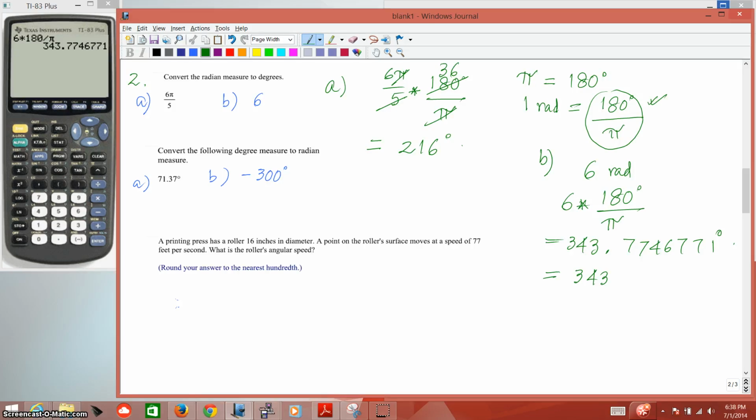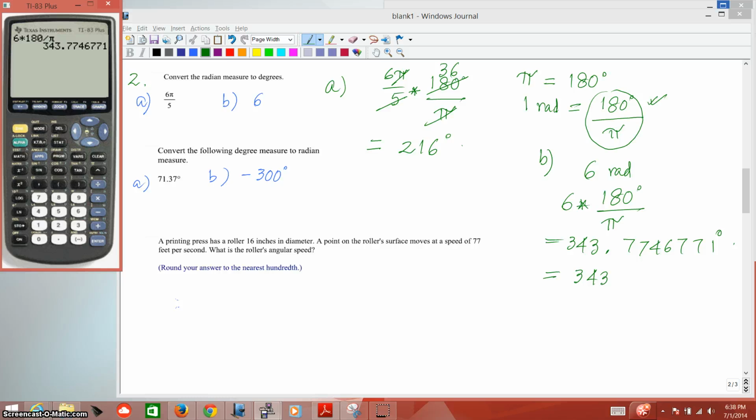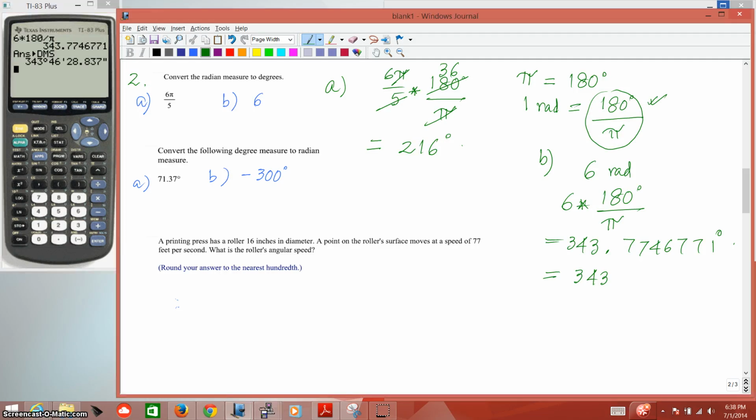It will be second and angle, which is this apps button, and if I select choice 4, it will convert that in terms of degrees, minutes and seconds. So I know it will be 343 degrees 46 minutes 28 point something seconds, right?